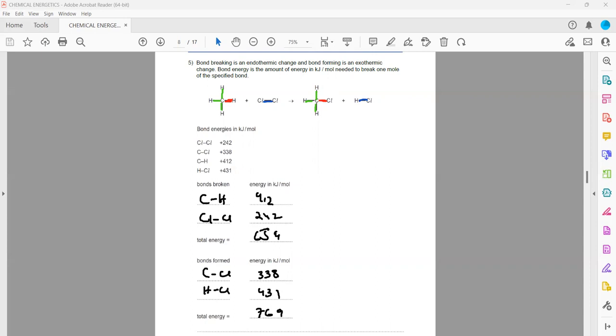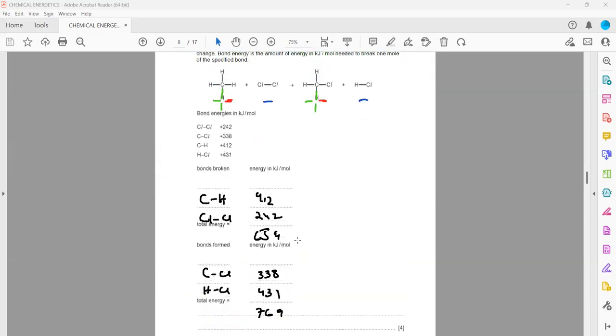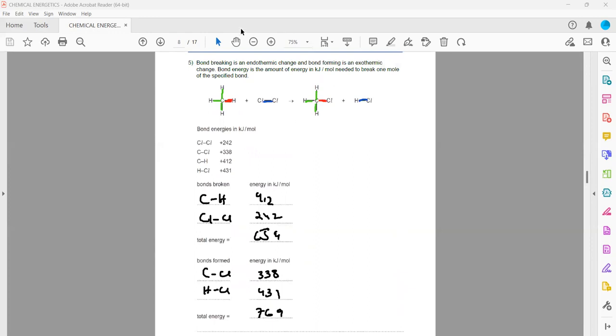When I take the difference between the bond breaking and the bond forming, how much is the difference between them? So it is negative 115. You will get minus, because the bond forming energy is more, so the final answer will be minus 115. You can easily work out that the bond breaking energy is less than bond forming. That's why this reaction will be exothermic.